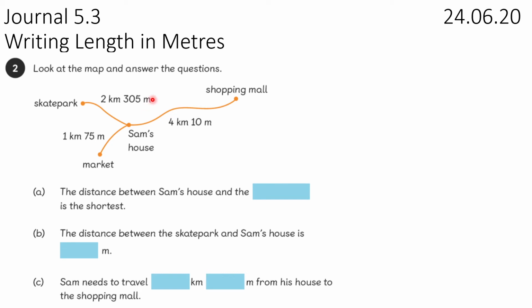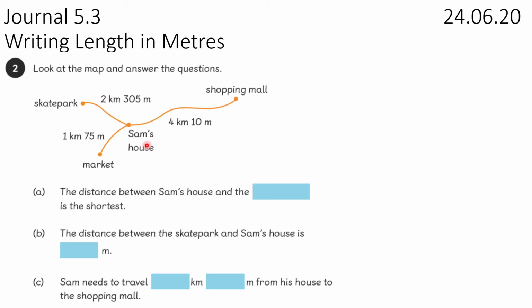Now, if we look at just the metres, we can tell that the skate park's longer, but the easiest place to look is the kilometres first.